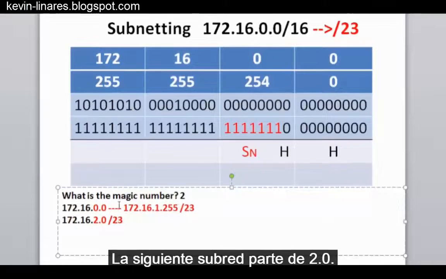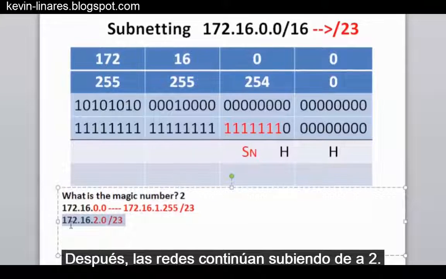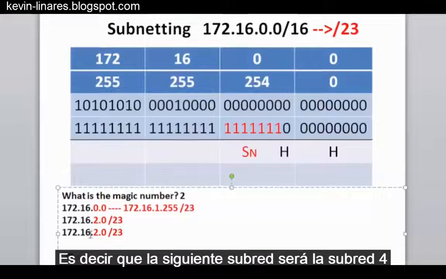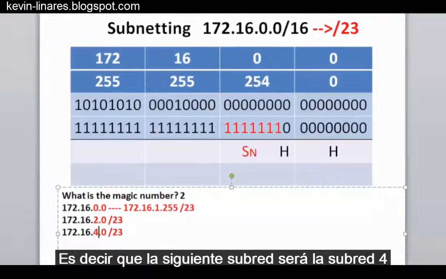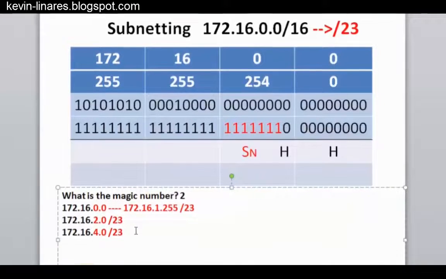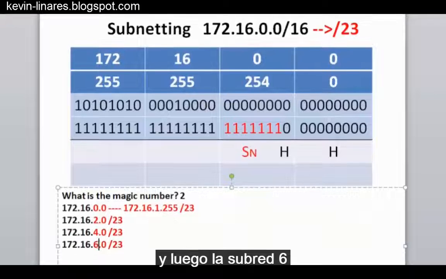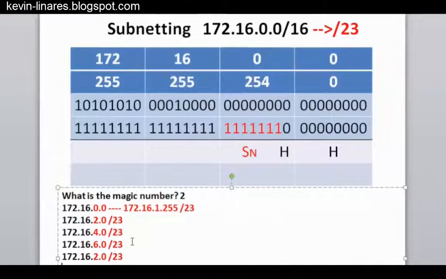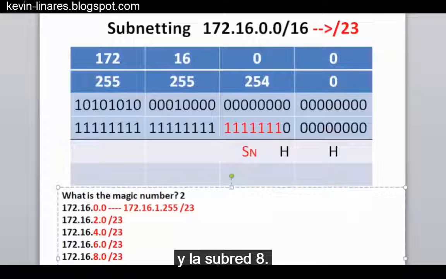The next subnet starts at 2.0. After that, the networks continue to go up by 2. In other words, the next subnet will be the 4 subnet, and then the 6 subnet, and the 8 subnet.